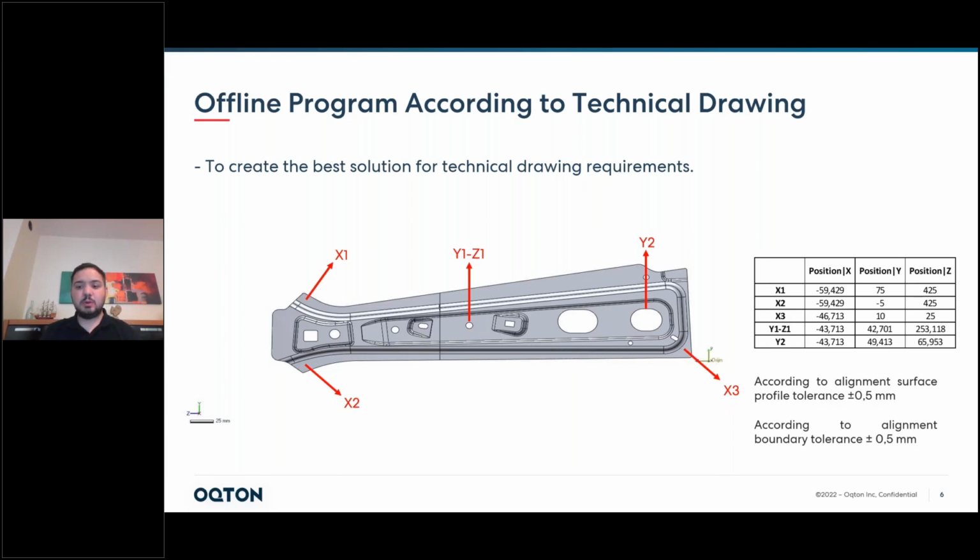According to your alignment, I need to check the profile tolerance for the surface with 0.5 millimeter. Also, I need to check the boundaries of the part using your alignment.